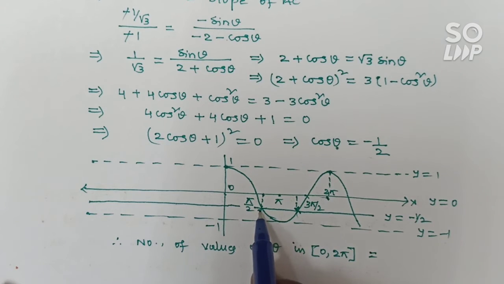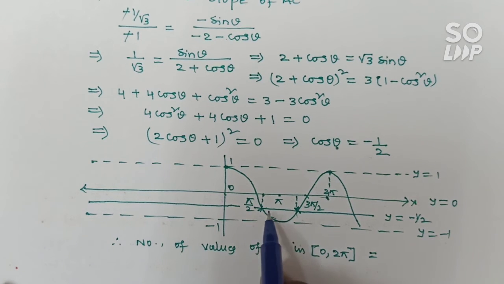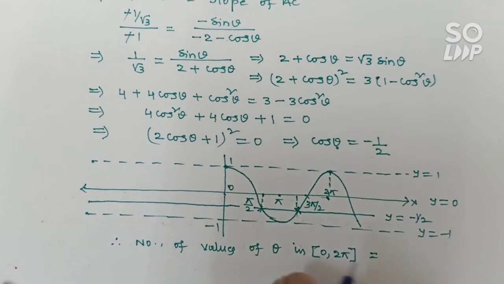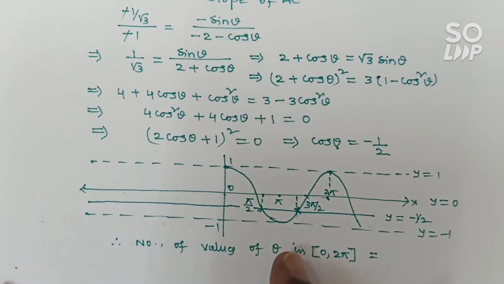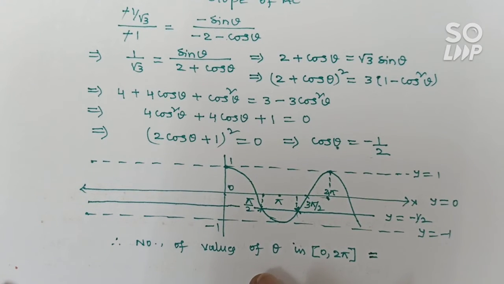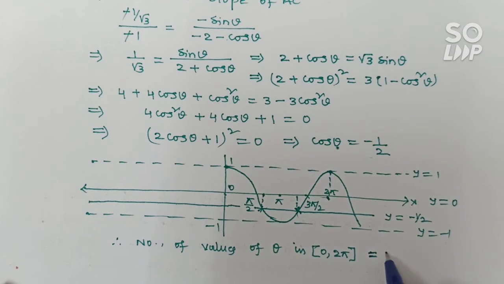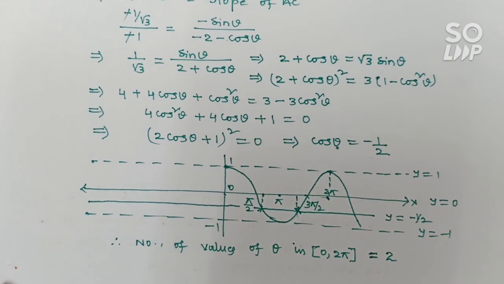This line is intersecting the curve at how many points? 2 points. So obviously the number of theta values will be 2. These are called the number of solutions of the equation. Actually this concept will be discussed in trigonometric equations, but unexpectedly that concept is contained in the collinear concepts. So the number of solutions will be equal to 2.